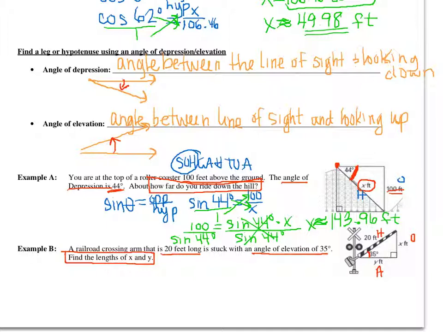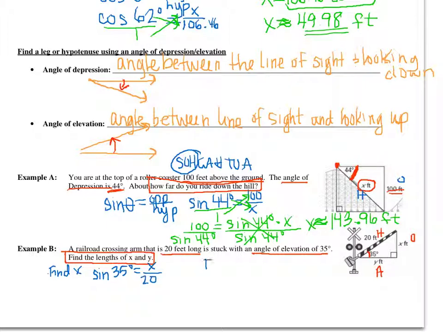So let's find x first. Okay? So to find x, we're going to set up a problem that has the opposite and the hypotenuse. So we'll say the sine of my angle, 35 degrees, equals opposite, which is x, over hypotenuse, which is 20.